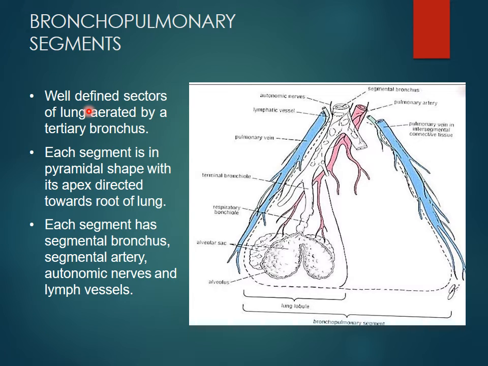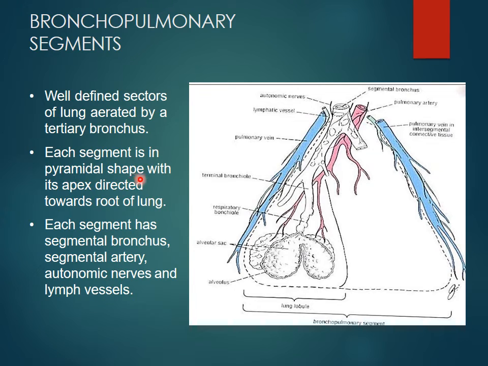Till now we have discussed the lobar division of the lung: the left lung is divided into two lobes and the right lung is divided into three lobes. Now lobes are further divided into segments known as the bronchopulmonary segments. These are well-defined sectors of lung aerated by a tertiary bronchus.